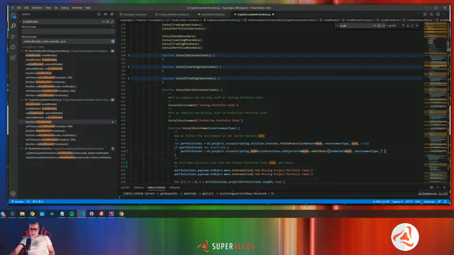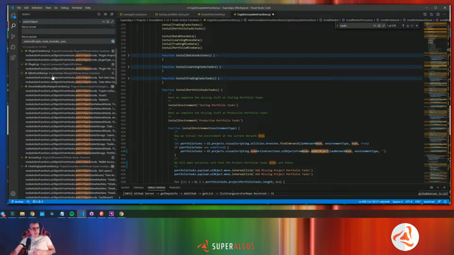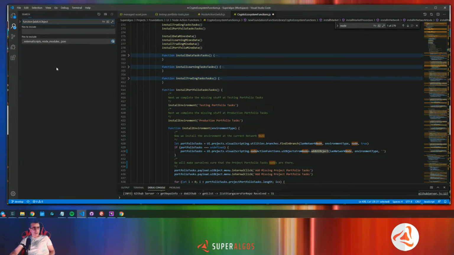Add UA object, because from here it cascades everywhere. Function, add UA objects.